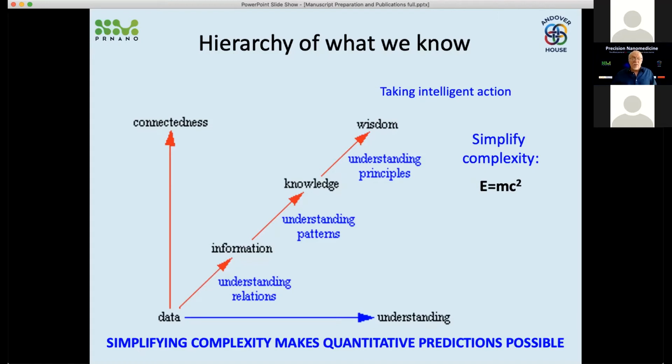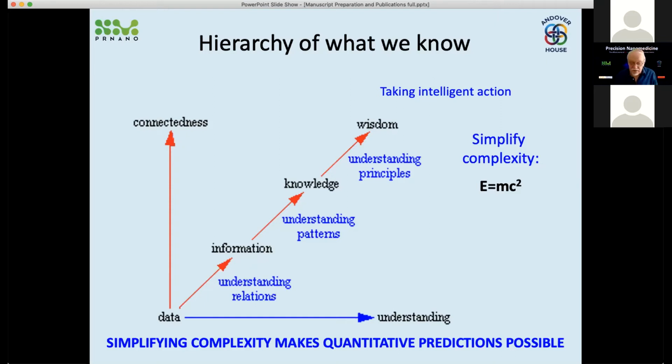The take-home message is that simplifying complexity makes quantitative predictions possible. Again, simplifying complexity makes quantitative predictions possible. I hope everybody has already had that aha moment, when you study and suddenly think, oh, it's so simple, I understand it. That's when you have a piece of knowledge.